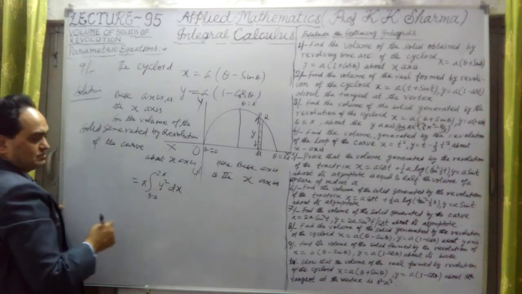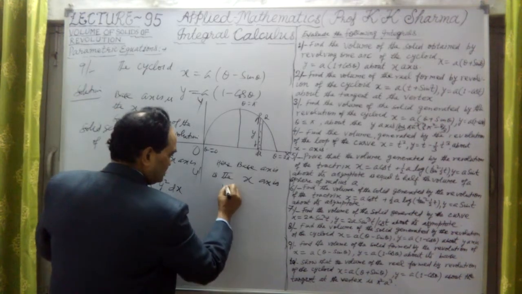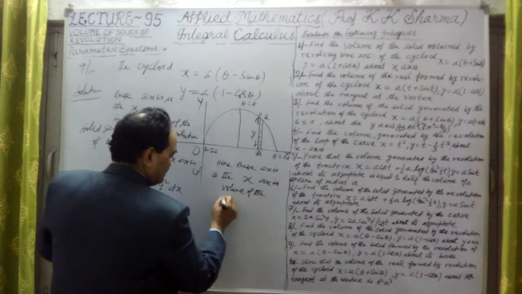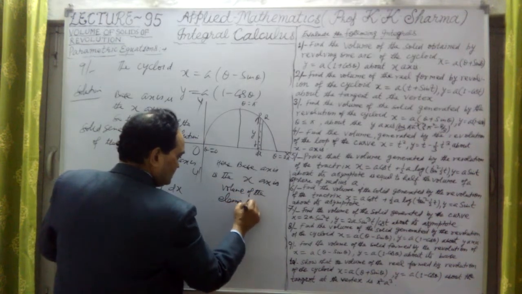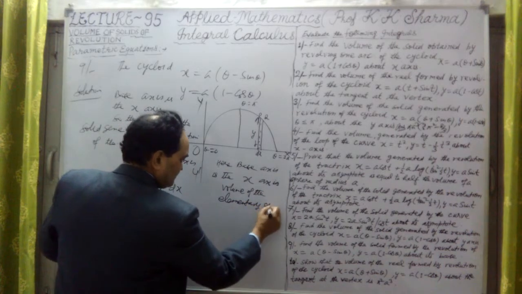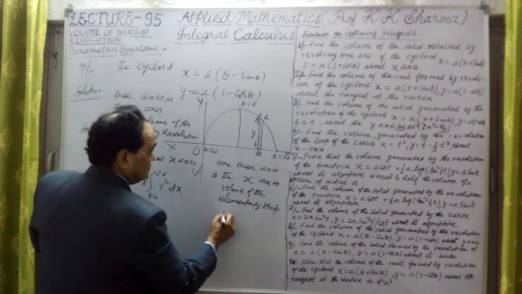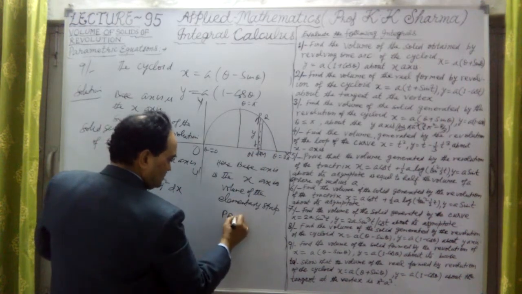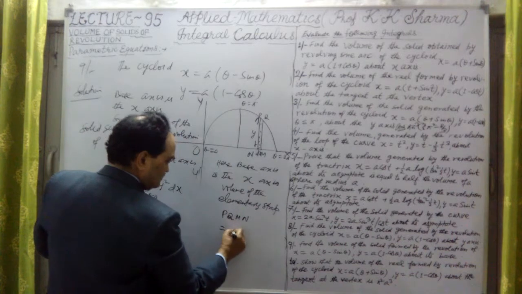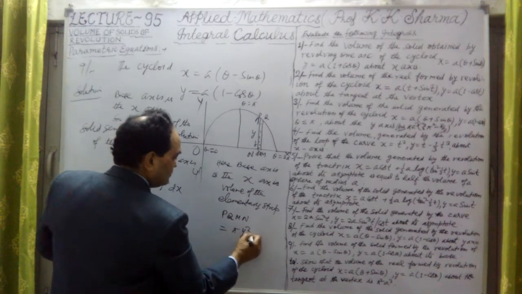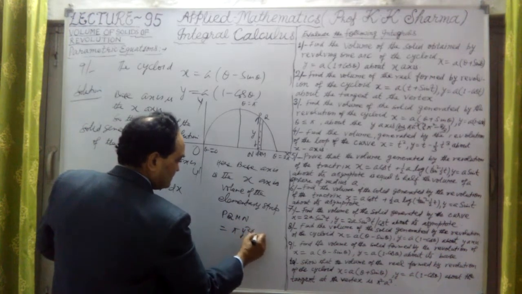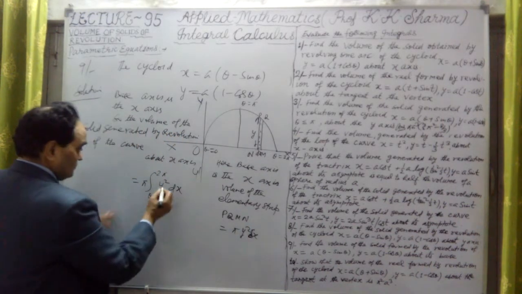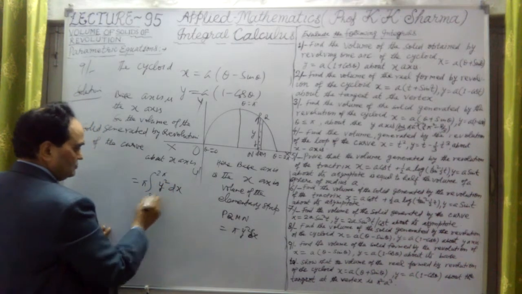For the volume of the elementary step, what is the elementary step here? PQMN is equal to pi into y square into delta x. This is delta x here. Therefore, y square into delta x or dx.